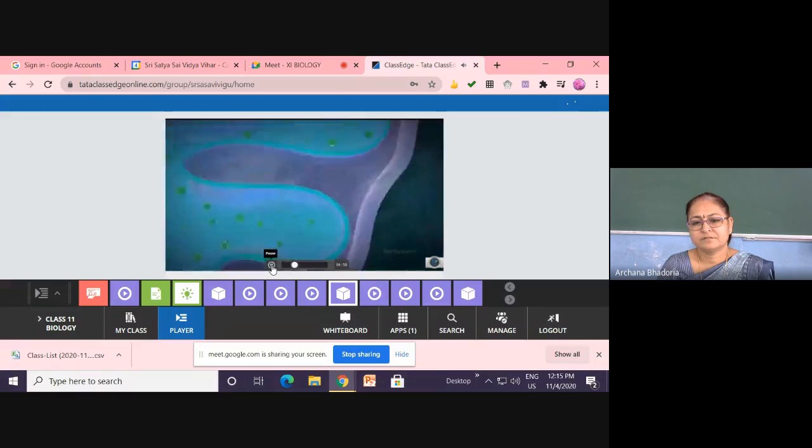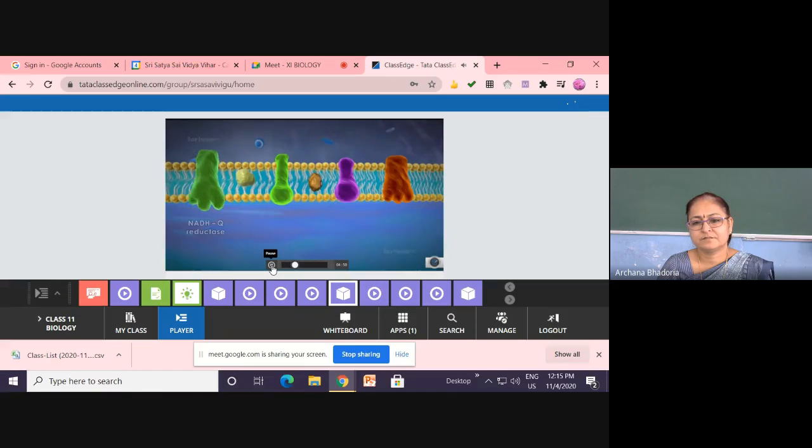The inner membrane will contain the electron carriers NADHQ reductase, cytochrome C reductase, cytochrome C oxidase, and ATP synthase. In addition, the membrane will also contain the mobile carrier proteins ubiquinone and cytochrome C.